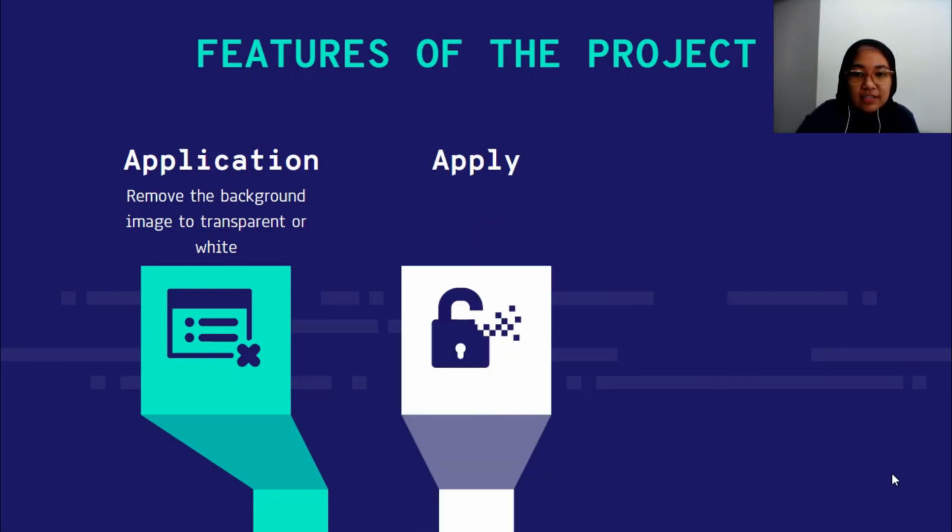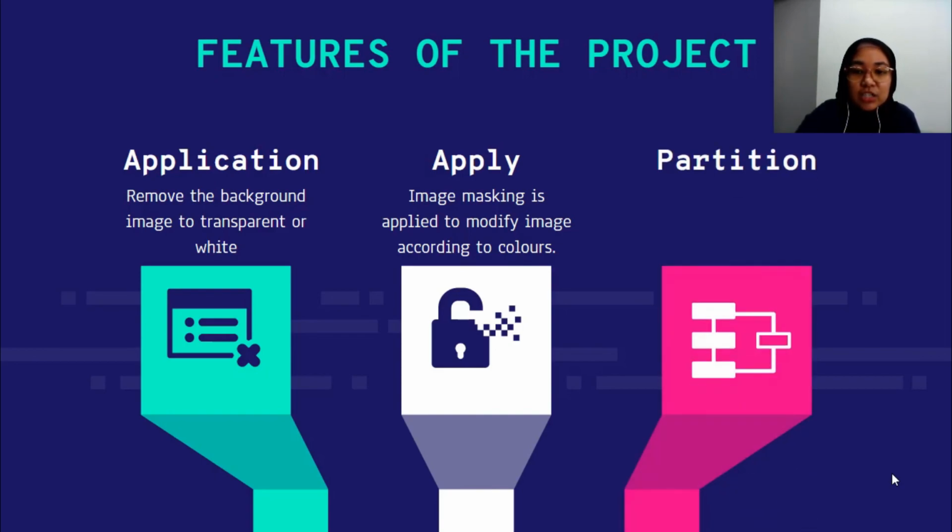After that, we apply image masking, focusing on image thresholding and segmentation using global thresholding and the heuristic approach, and we also did filtering to modify the image color and the background. Lastly, partitioning of the image segmentation area is applied based on the pixels of the image, to make it easy to use for all.